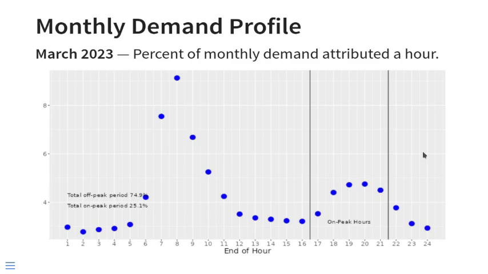That last picture was for June 2023. March of 2023 shows you a very different picture. You don't have the air conditioning going on, you have very little heating going on at that point in time, but what you do see is that your early morning hours are a little more expensive, and you go up to probably around 9% for your 8 o'clock hour, drops down during the day, and then you get a little bump as people come home from work.